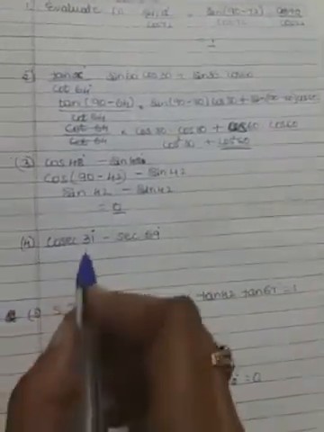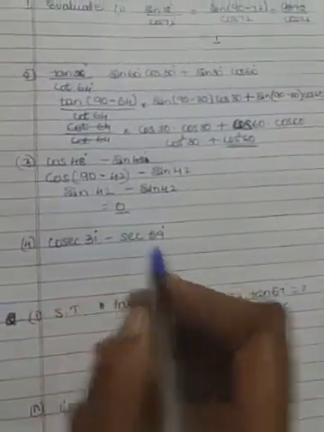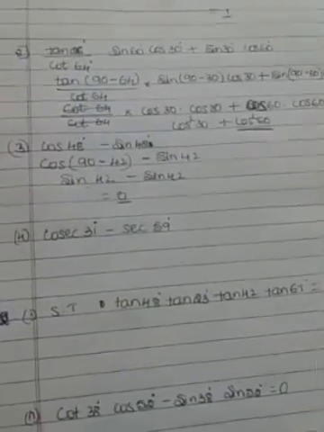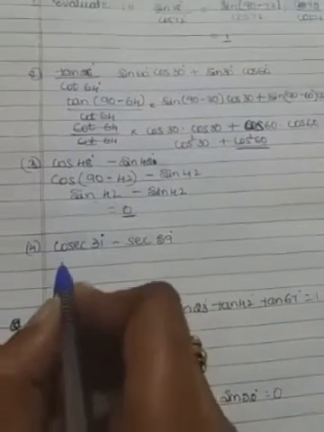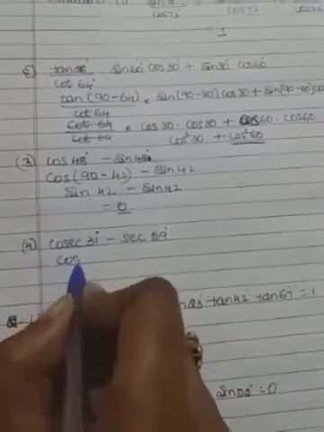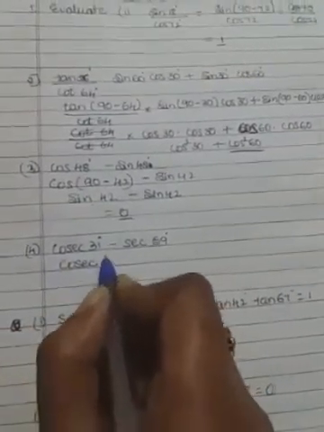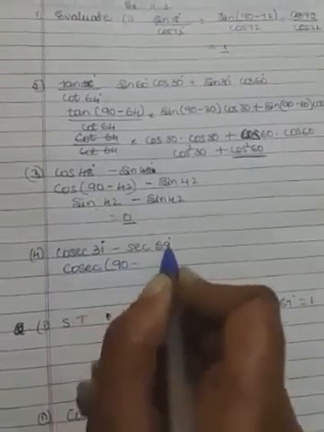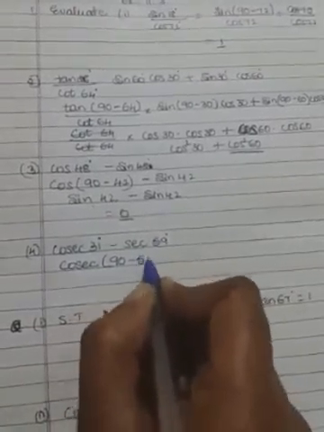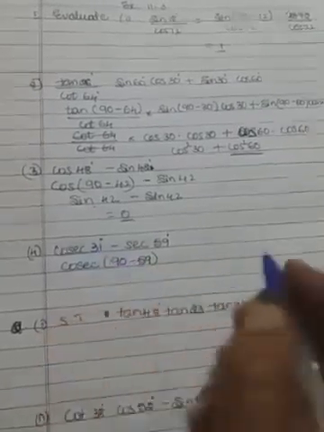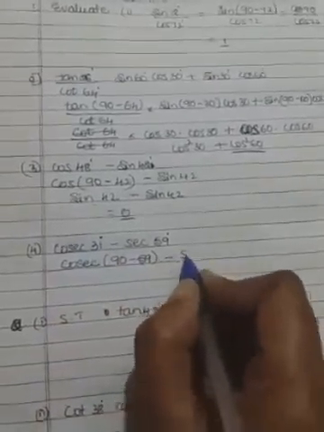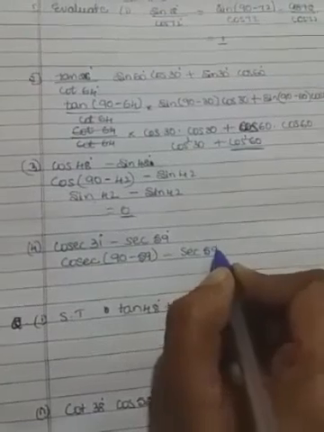Next, let's move to the fourth one, cosecant 31 minus secant 59. It is also done in the same way. We can write cosecant 31 in complementary form as cosecant of 90 minus 59, because 90 minus 59 is 31, the value never changes, minus secant 59.